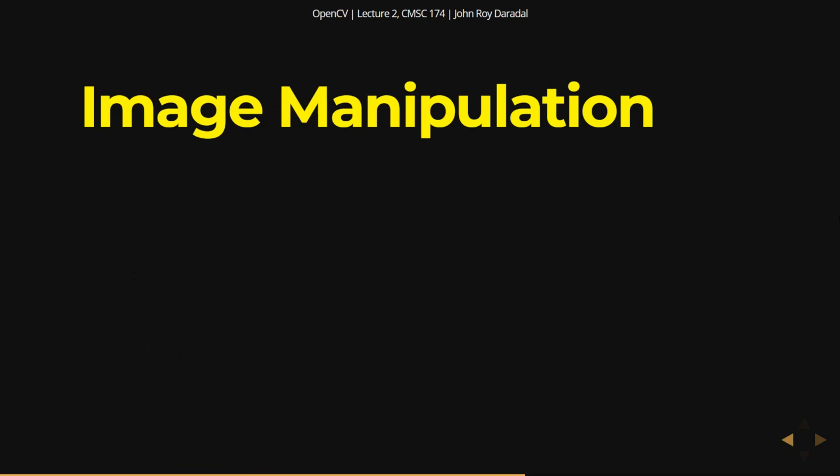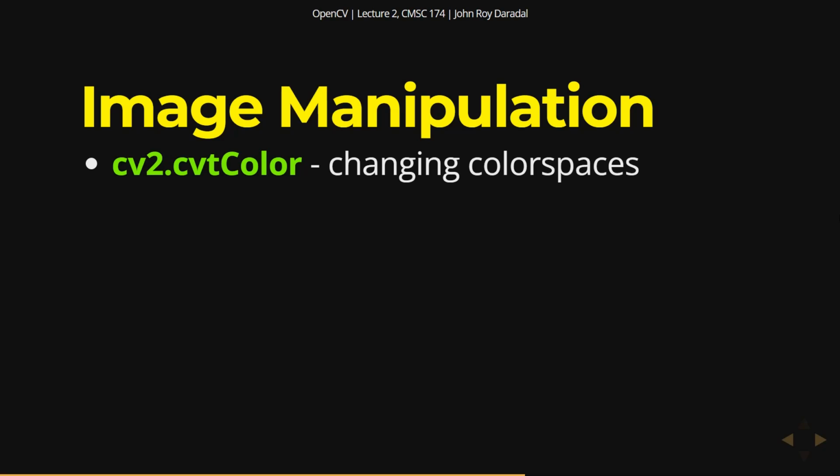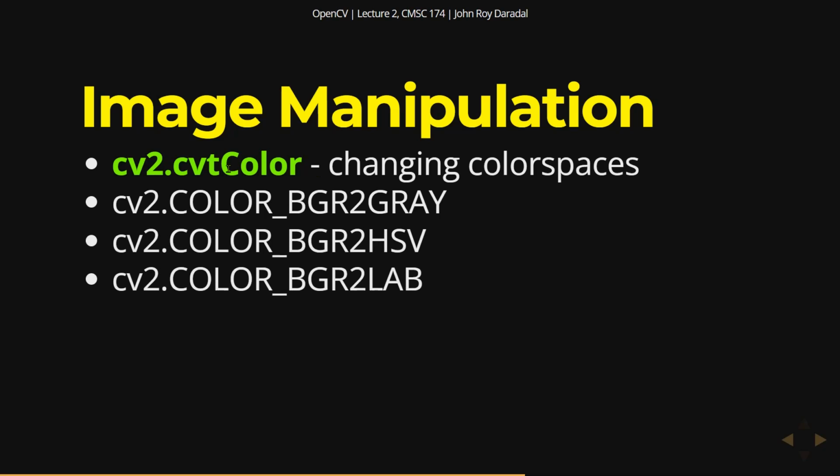Now let's talk about image manipulation. How can you manipulate parts of the image, so that you can change a patch or some region of the image? First, one image manipulation technique is to change color spaces. We mentioned that there are different color spaces earlier. How do you convert from one color space to another? You use cvtColor, and various flags exist, for example cv2.COLOR_BGR2GRAY.